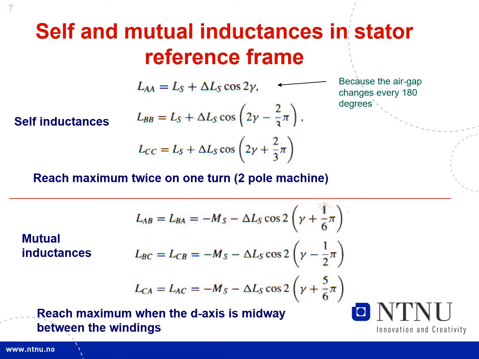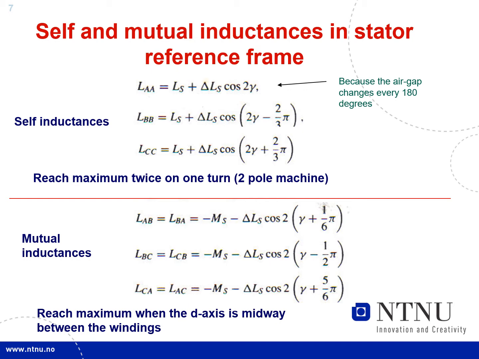First, in the book, it's listed how we model each of the inductances. If we look at the self-inductance in each of the stator windings, it can be represented by a constant term and one term that varies 2 times in one rotation.